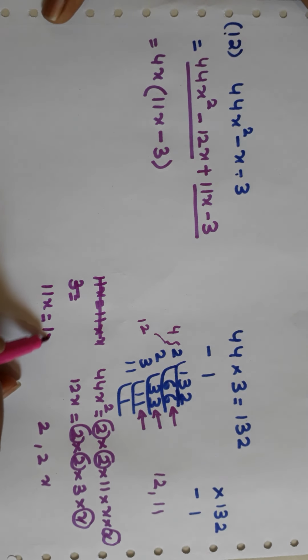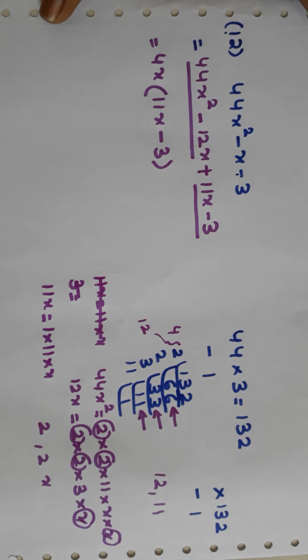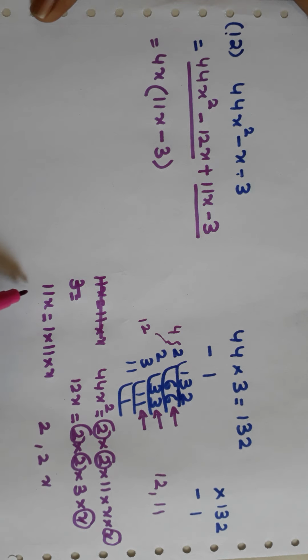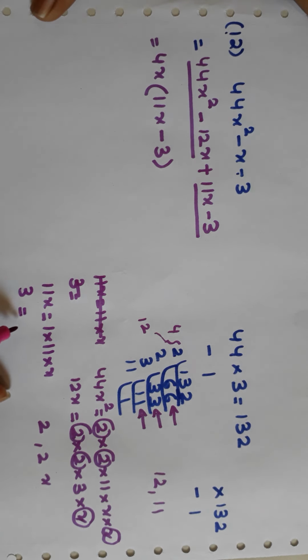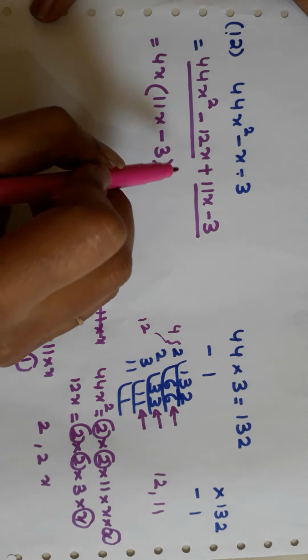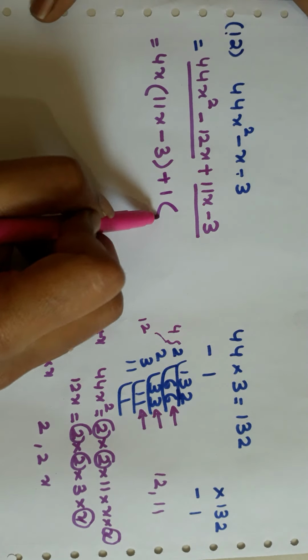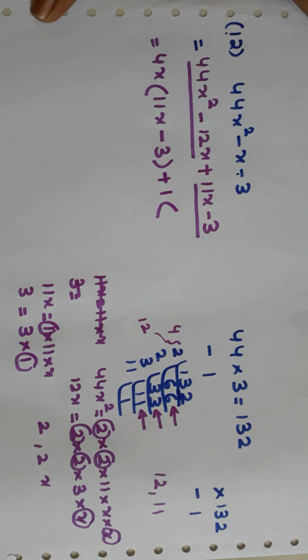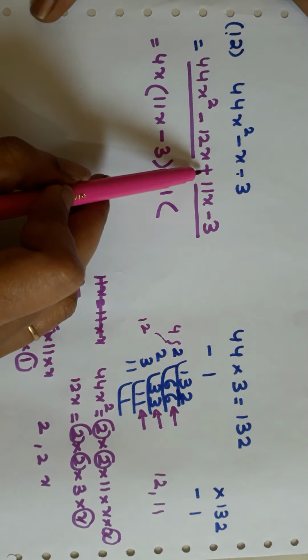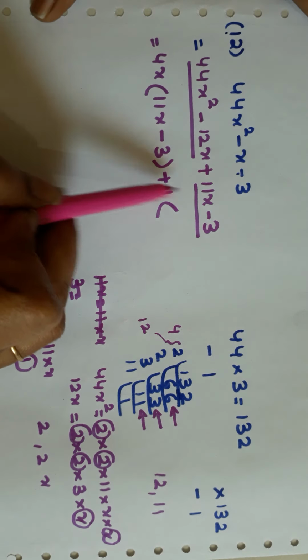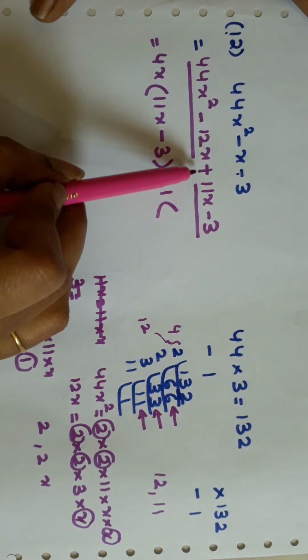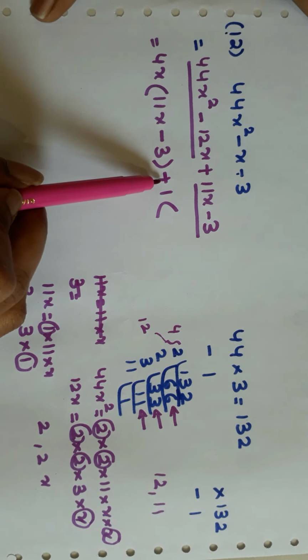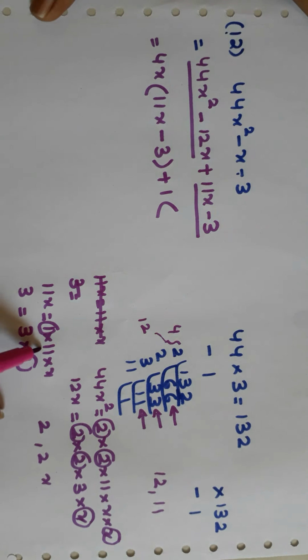I can write 11x as 1 into 11 into x because 11 is a prime number, so its only factors are 1 and 11. 3 is also a prime number, so 3 into 1. 1 is common. Plus 1. The sign will not change because here it is a plus sign. If it is a minus sign, then you have to take minus common and the sign of both the terms will change. But since here it is plus, there will be no sign change.